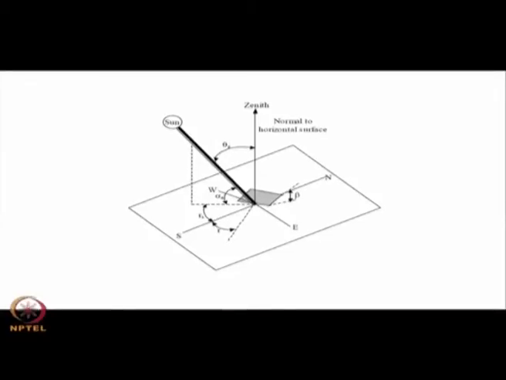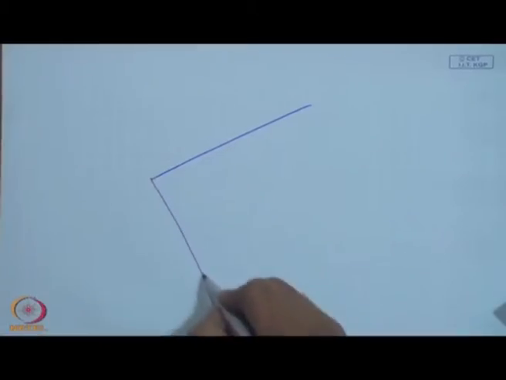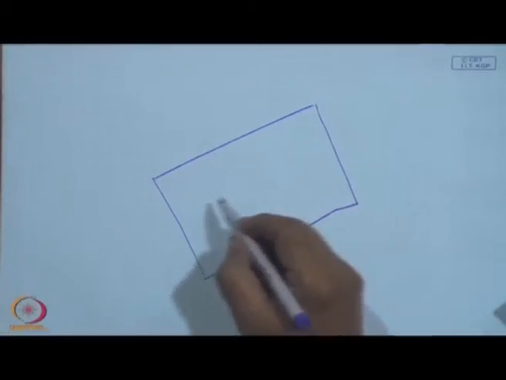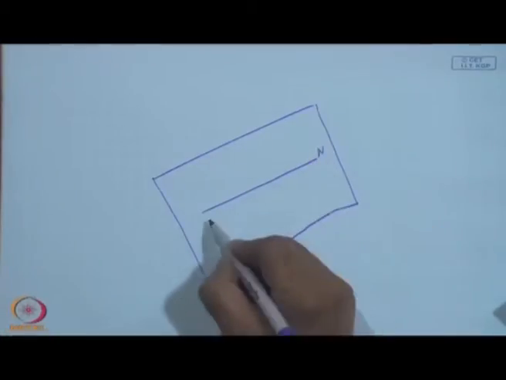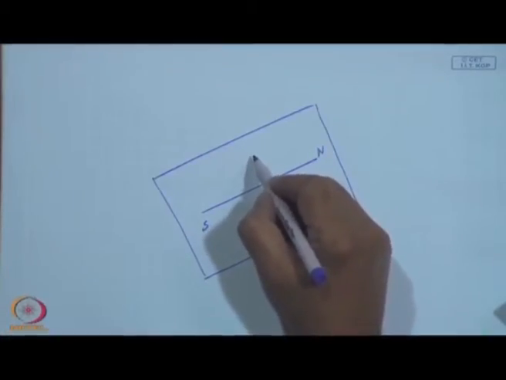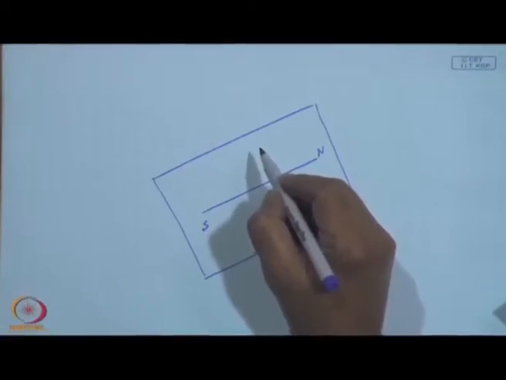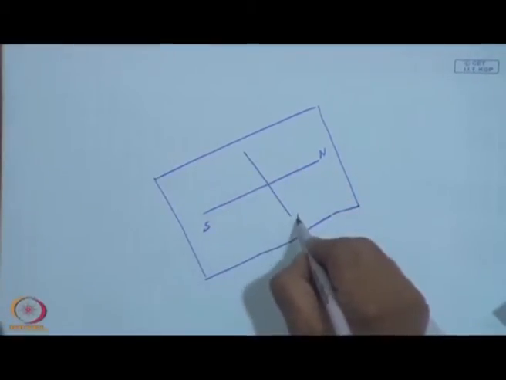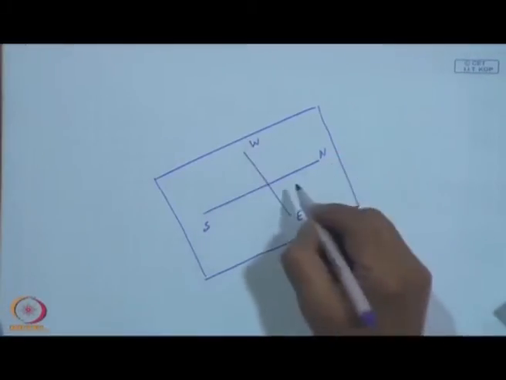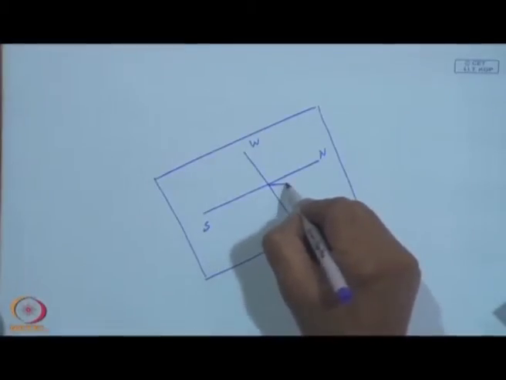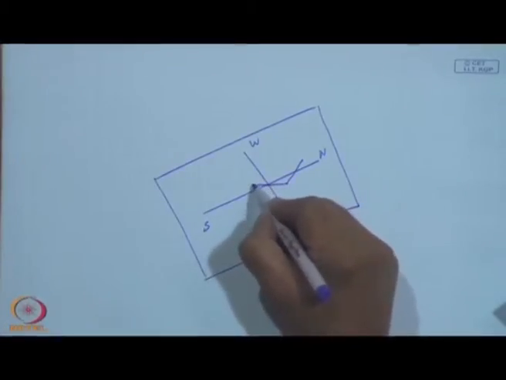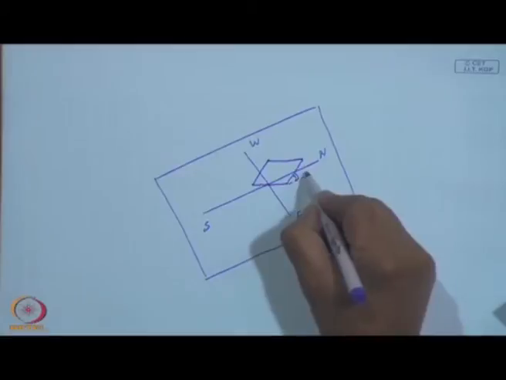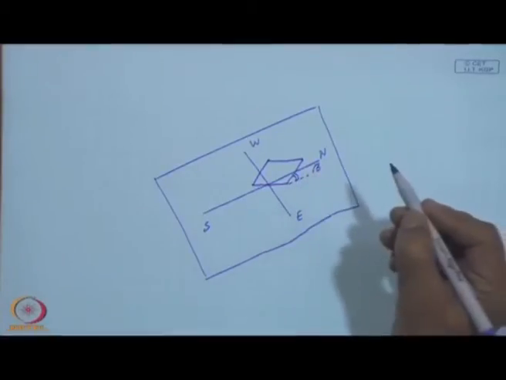That is a piece of earth, that big rectangle, and of course, north south, and you have got that W should be in continuation with E, west and east, and we have got a surface with a slope beta, which we will completely use.